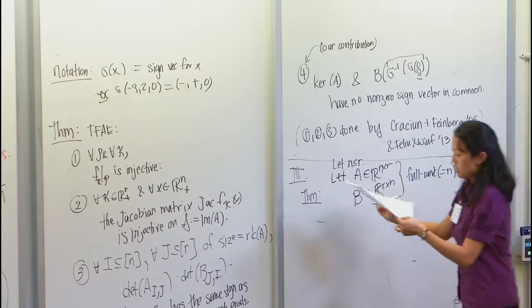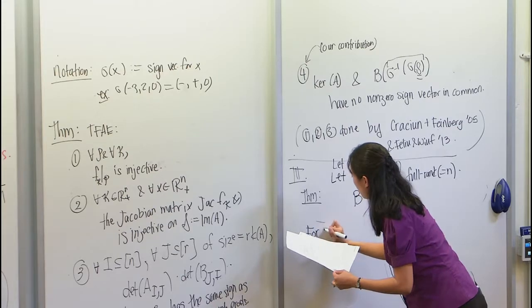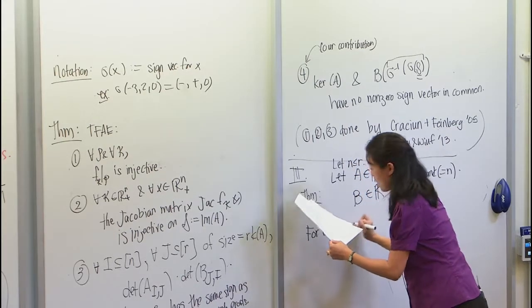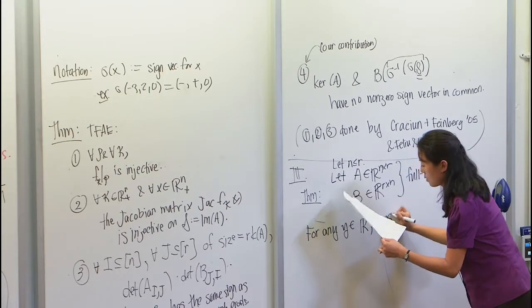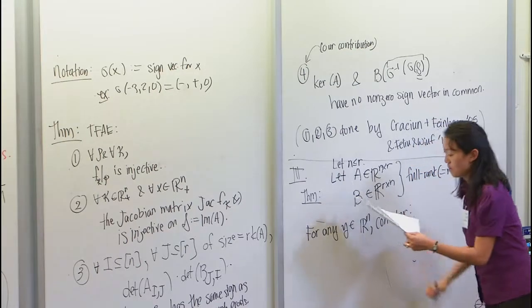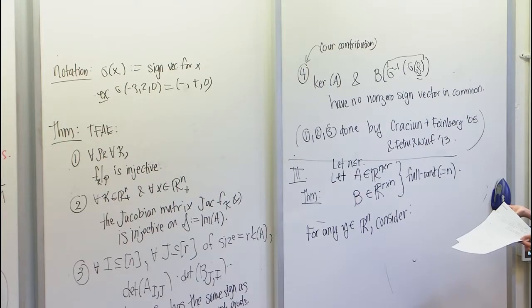So let's consider, for any y in R^n, the following. So now I want to not have the funny kappas that are parameterizing my system, but now I want to parameterize by the solution set of a system.